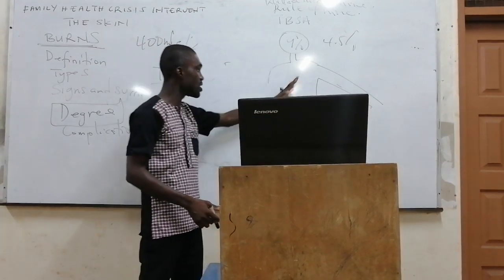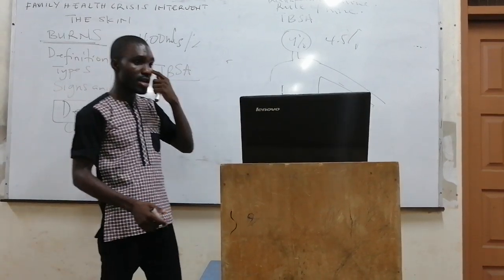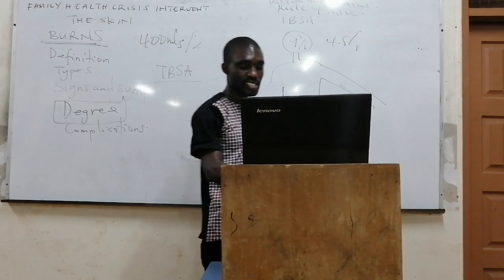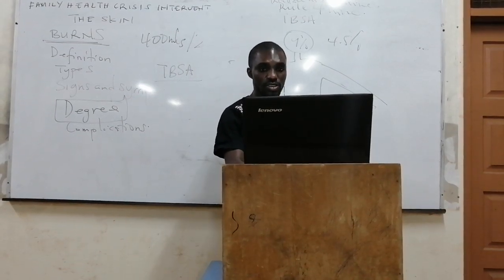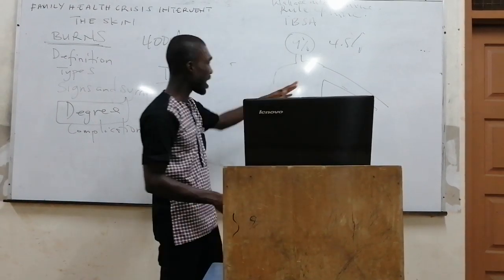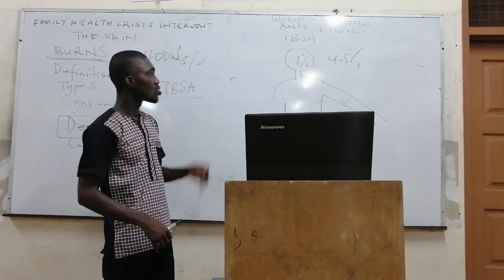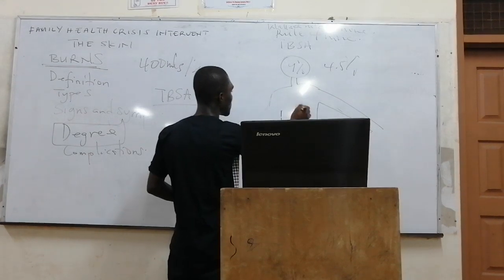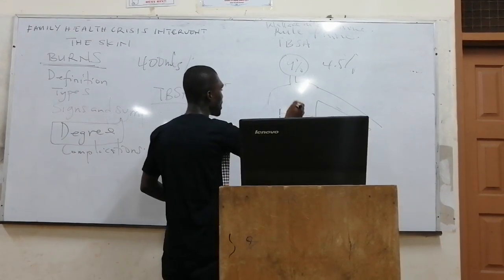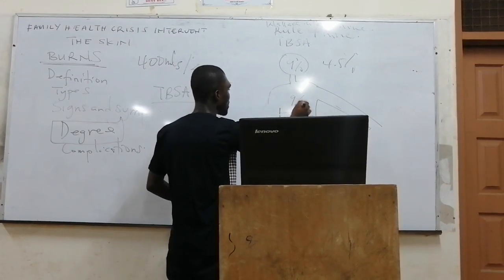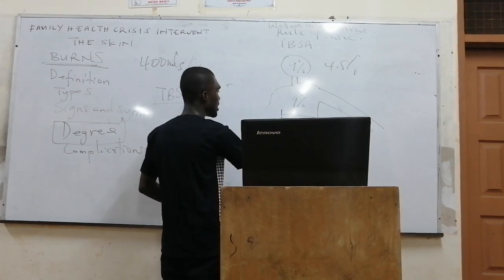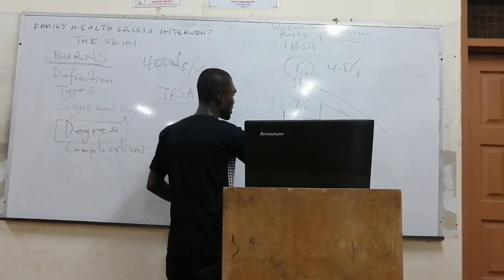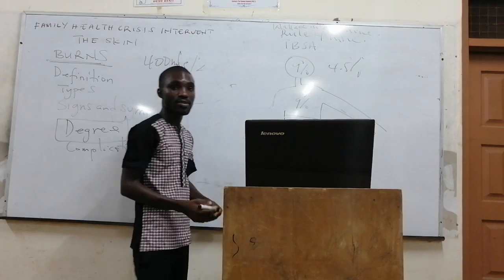Okay, let's come to the chest of the individual. We are talking about an adult, right? With an adult, the chest alone is 9%, and then the abdomen is 9%, right?